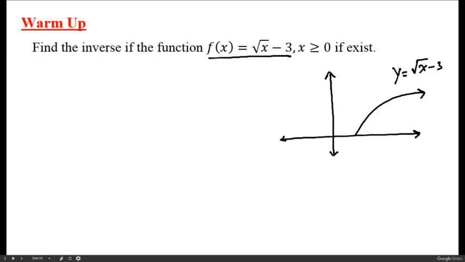Now if you try to draw a horizontal line, it will cross the graph in only one place, showing that it is 1 to 1. So the inverse exists.